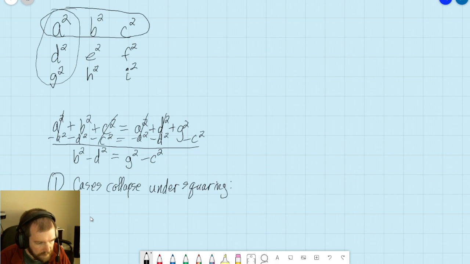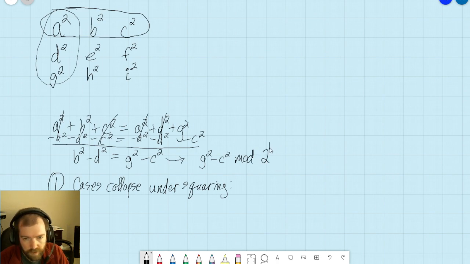So we're going to take g squared minus c squared mod 2 to the k. So k equals 2 was actually the first one that she showed me how it all works, but we can get that in just a second here.